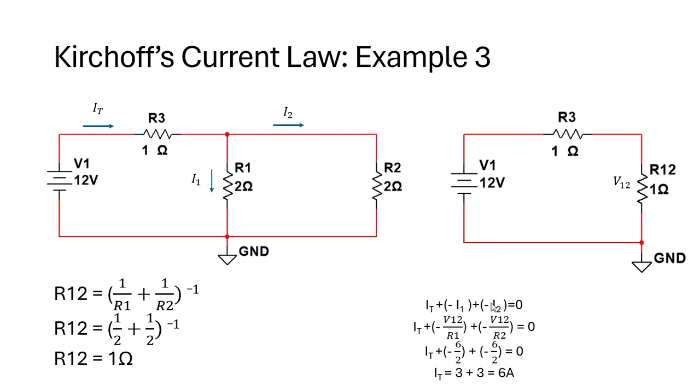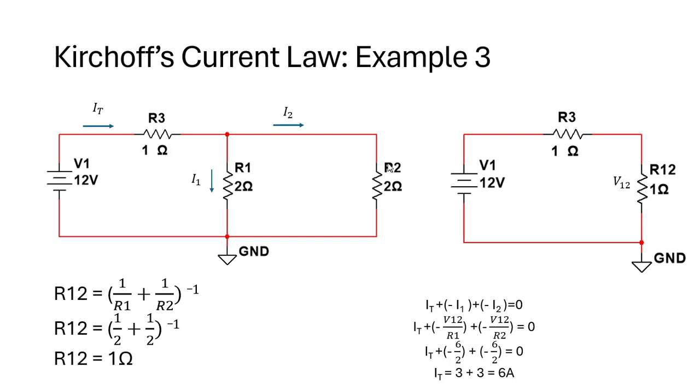Again, this is a substitute for that. So once we do that, we end up with negative 6 divided by 2, because 6 is the voltage V12, and R1, remember, was 2 ohms, so that's 6 divided by 2, which is 3, or specifically negative 3.